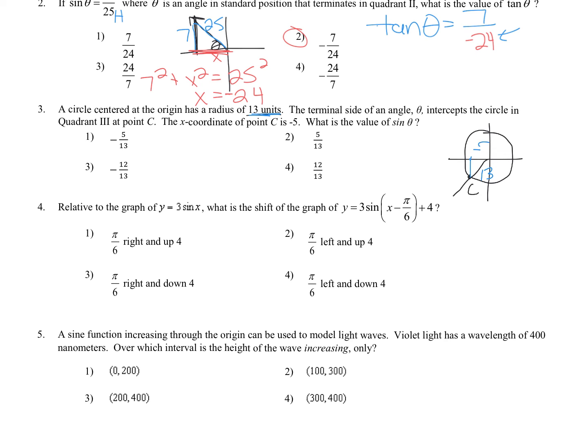The x is -5. So if I do Pythagorean theorem to find the third side, I'm trying to find sine of theta. So here is my theta. That's opposite over hypotenuse, so I need to find this opposite side. I'm actually just going to label it with y because it's the y value.